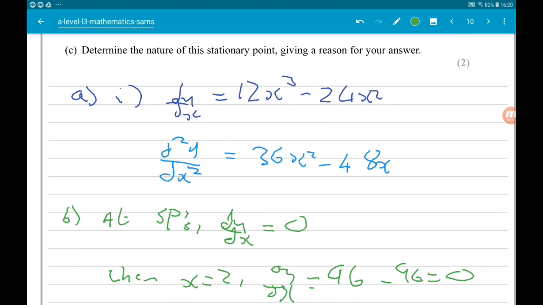Okay, then part C wants us to determine the nature of this stationary point, giving a reason for your answer. Okay, so for that then, we use the second derivative.